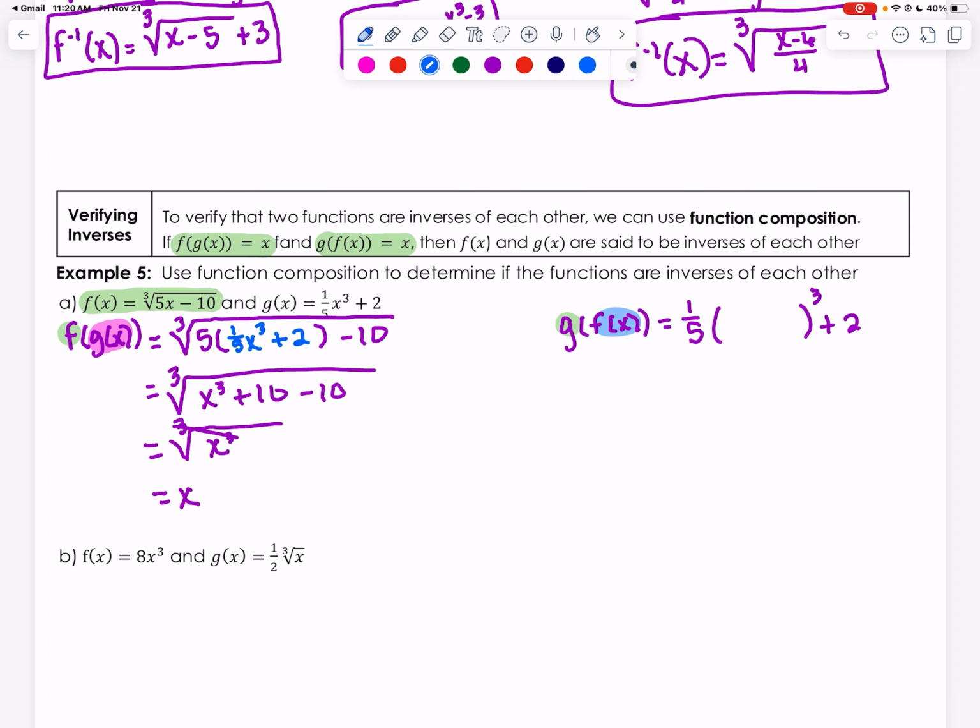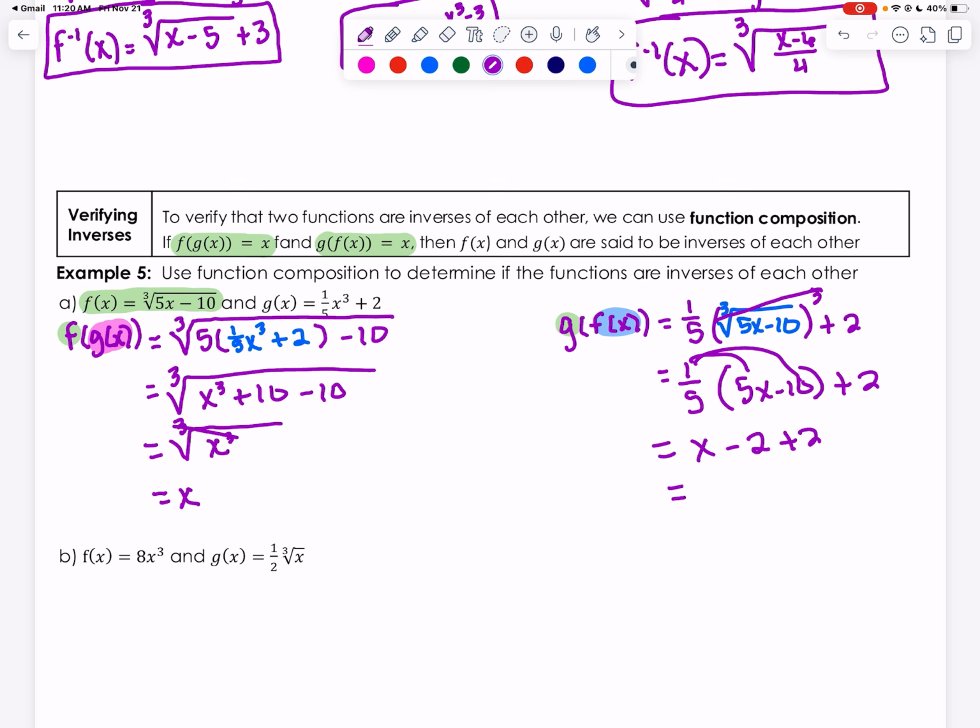So f of x is cube root of 5x minus 10. All right, now we'll simplify that. So this would be 1/5. Now the cube root and this cube are going to cancel each other out and leave us 5x minus 10. And then out to the side we have plus 2. So we'll simplify that. 1/5 times 5x is just x. 1/5 times negative 10 is negative 2, plus 2.